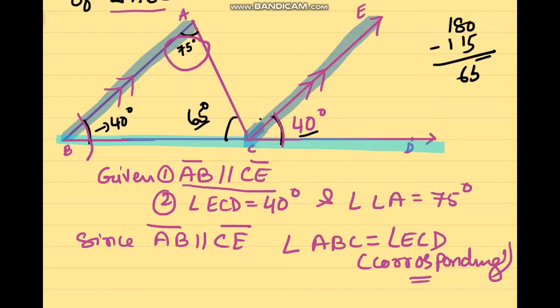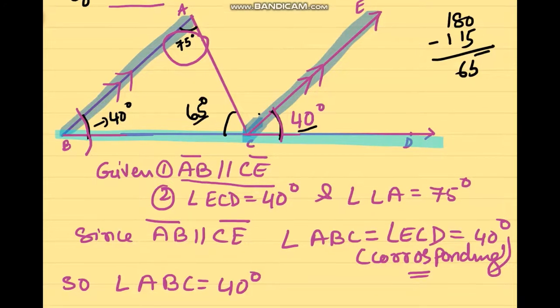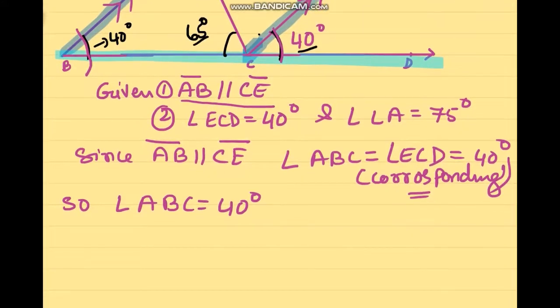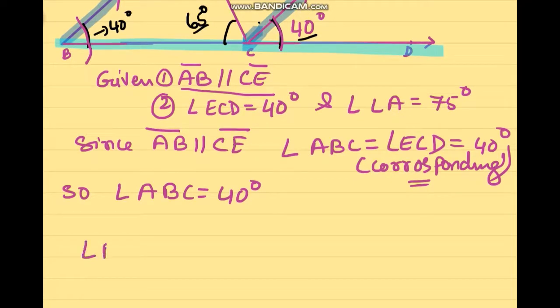Corresponding angles. So angle ABC will be equal to 40 degree, because ECD is also equal to 40 degree. Now, when you know angle ABC and angle A, then angle BCA will be equal to 180 degrees minus 40 plus 75 degrees.